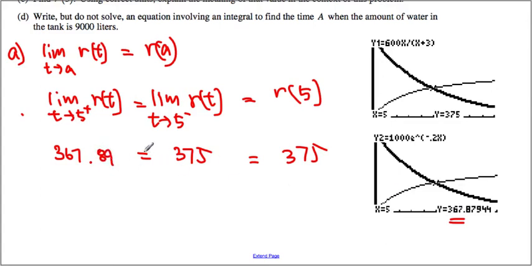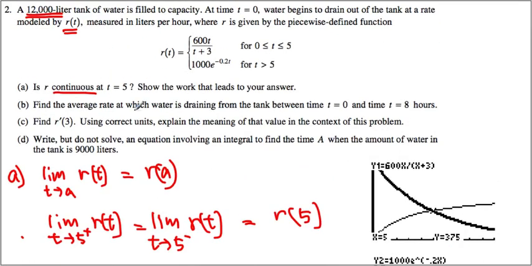So in fact, these are not equal to each other. That means there is no limit about that particular point. So therefore, we realize that this piecewise function is not continuous.